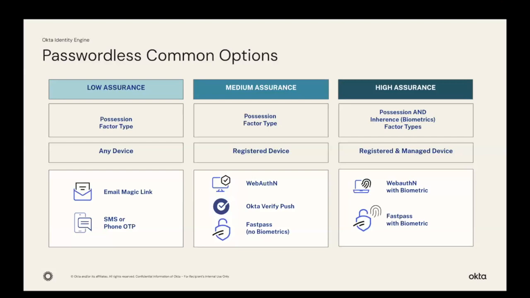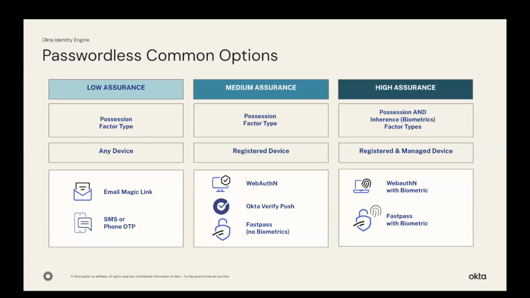You might also want to consider registered and managed device, so devices for which you can capture the device management signals. And in this case, examples of authenticators you might use would be WebAuthn with biometric, or again, our FastPass with biometric. So these are some of the common options to go passwordless. There are more, but these are some of the most common ones that we see nowadays.